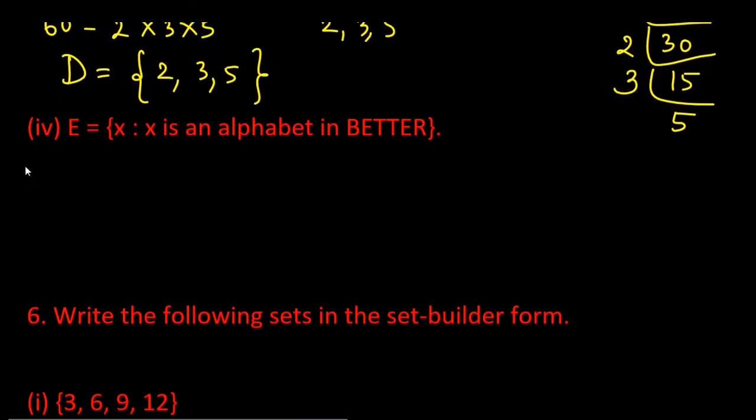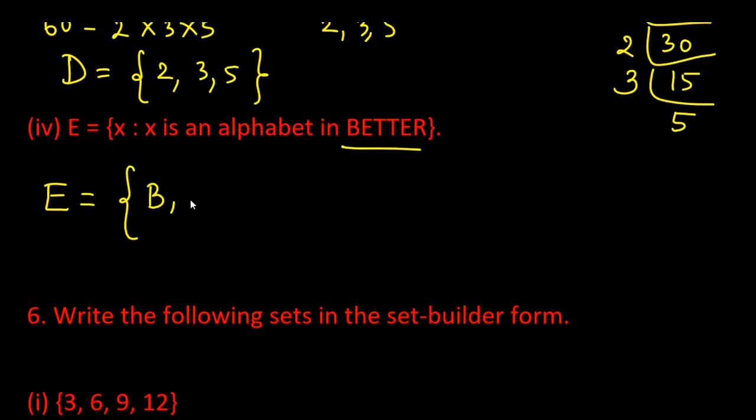The fourth one, E is equal to the set of all x such that x is an alphabet in the word better. What are the letters in the word better? So E is equal to B. We can write either small letters or capital letters.